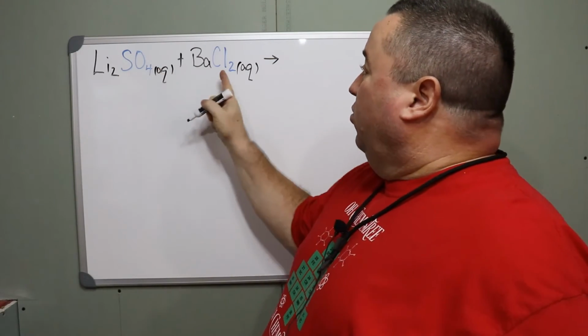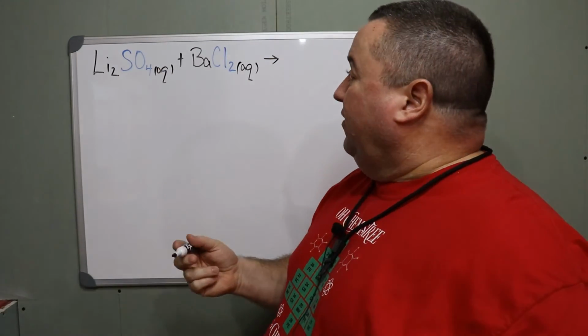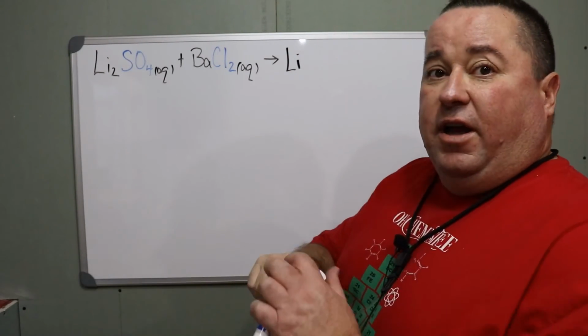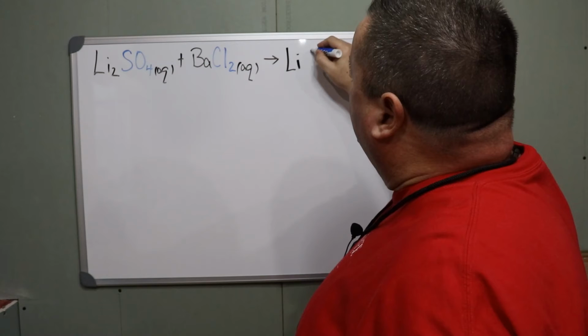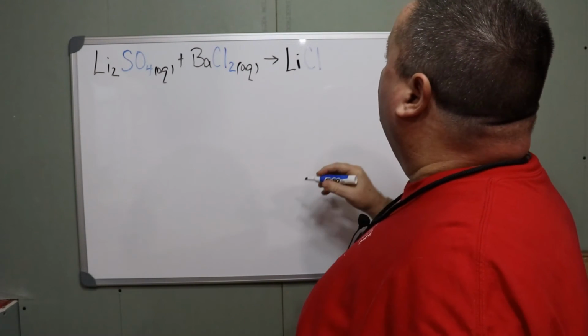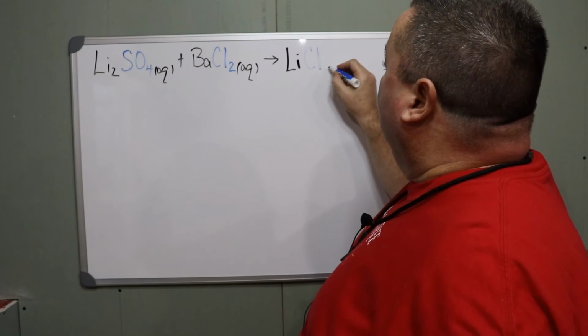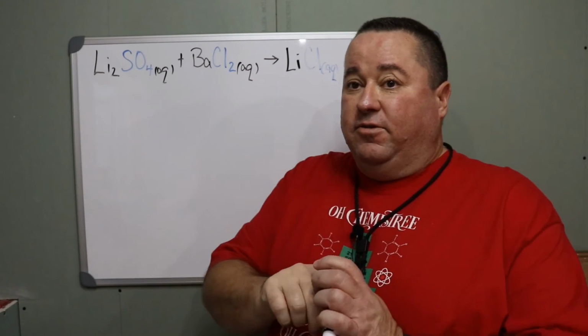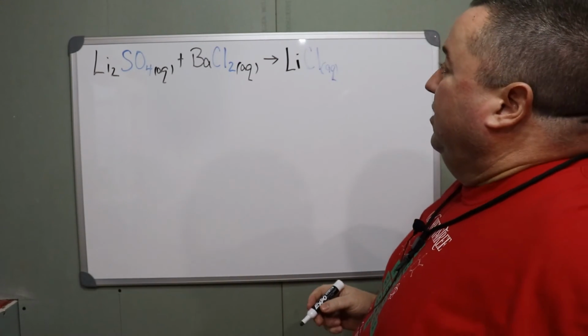So lithium will pair with chloride, but this time the lithium is a 1 positive, the chloride is a 1 negative, so the correct formula will be LiCl. And when we check the solubility rules, we find that that is aqueous, so no precipitate yet.